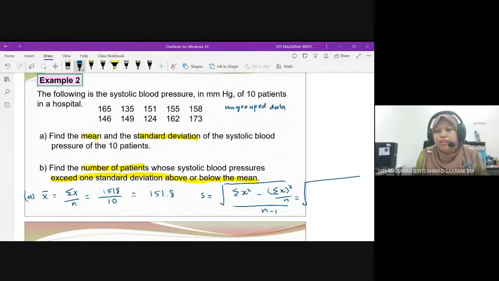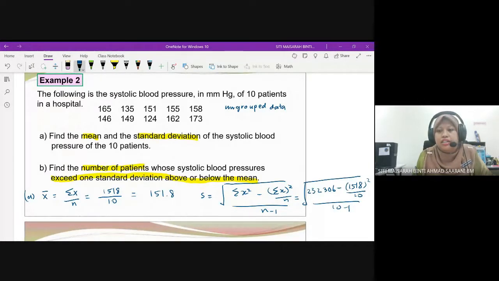So, read sum x square: 232,306. Right? Minus 1,518 square over 10, over 10 minus 1.